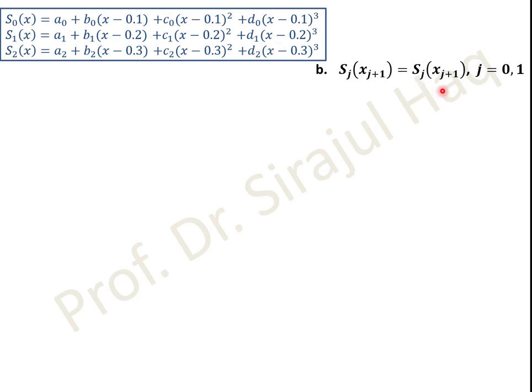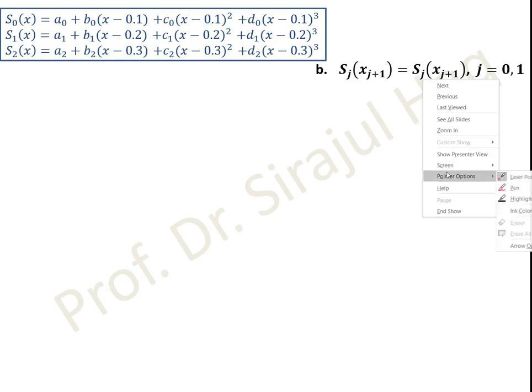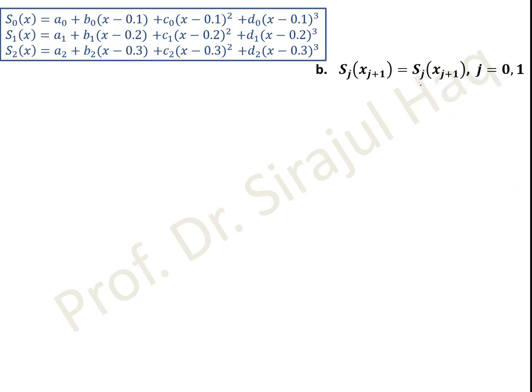When j is equal to 0, this will be j plus 1, this is S of j plus 1.